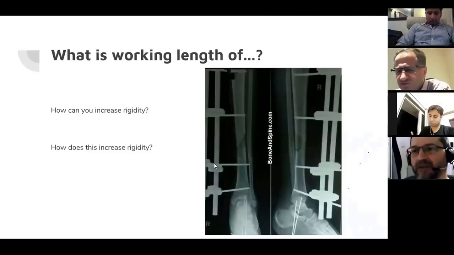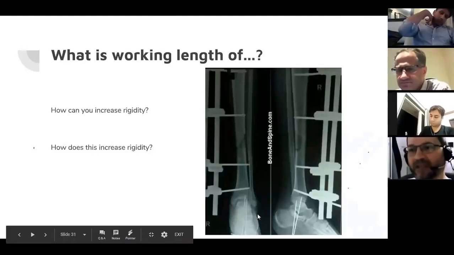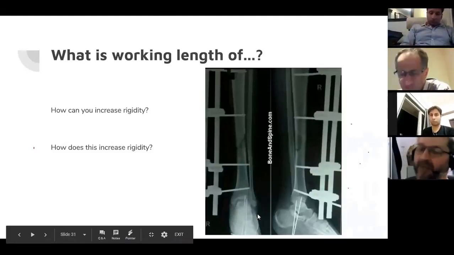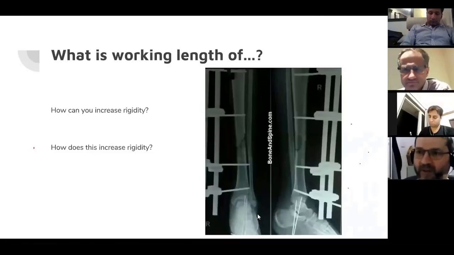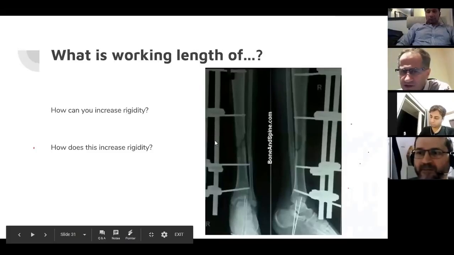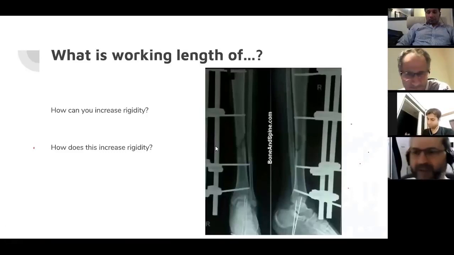Yeah, but that's really small, because we've established that the distance between the bars is far more important. Exactly. I could use a different material. So instead of using titanium, for example, I could go for stainless steel or even cobalt chrome. And what are these nowadays? Carbon fiber. Yes.